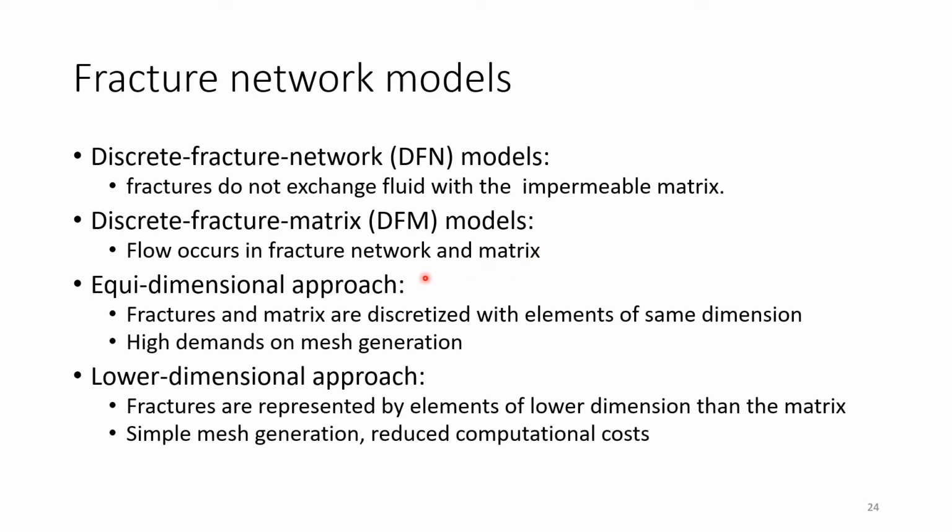And then you have this kind of equidimensional approach, which means you are solving the fractures in their full spatial dimension. Right, that's why I said before, usually we can simplify fractures as one spatial dimension. So in a 3D space, we can represent it as a 2D, which would be the lower dimensional approach.